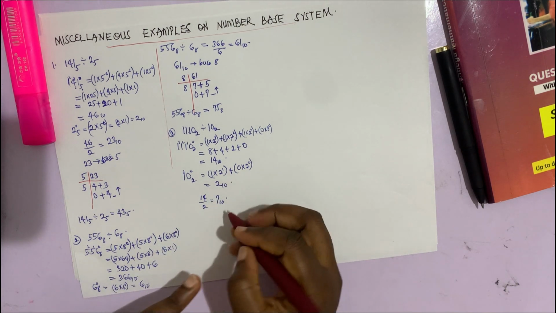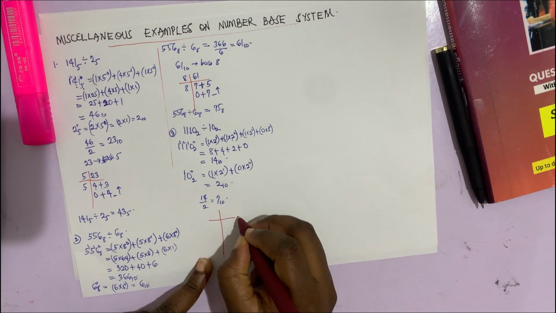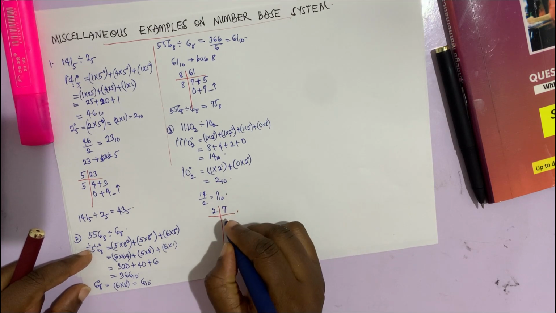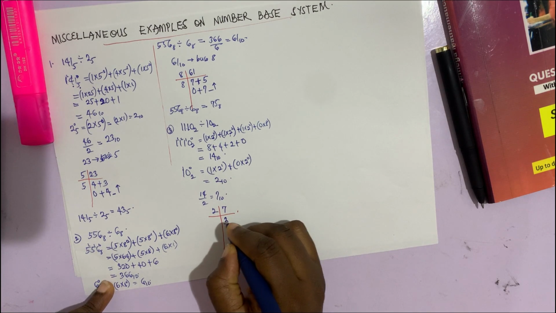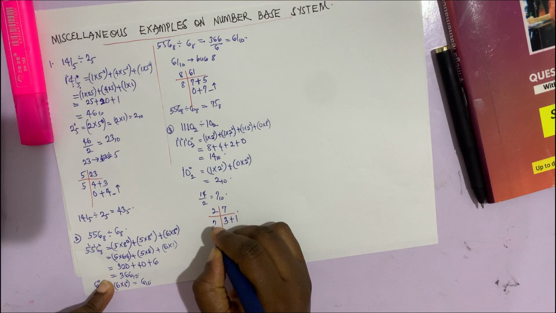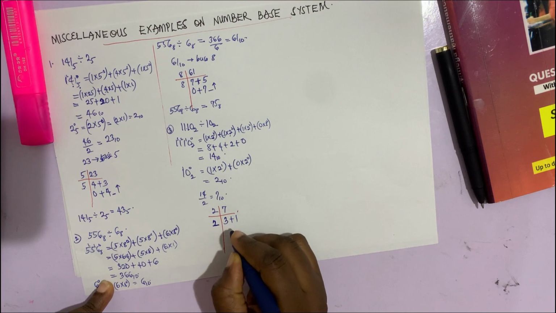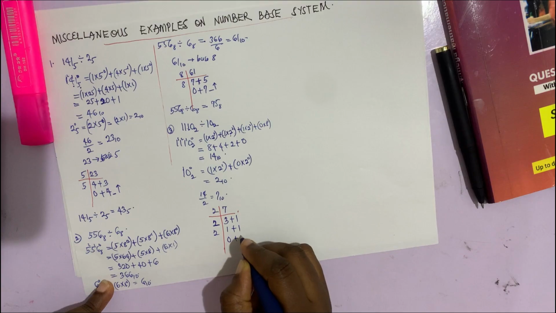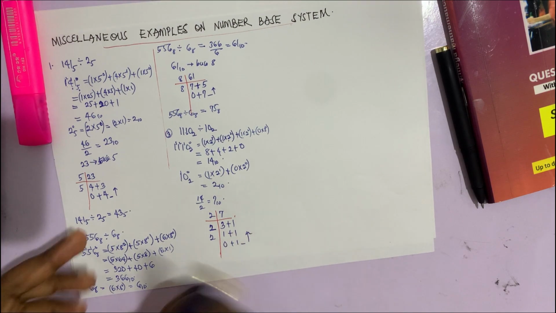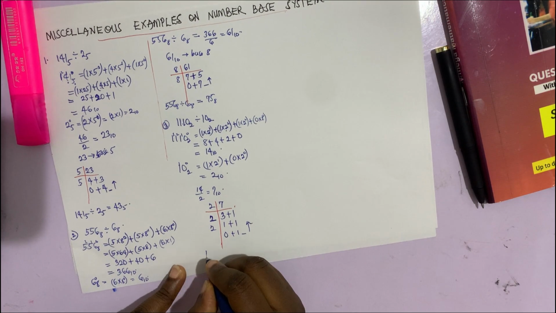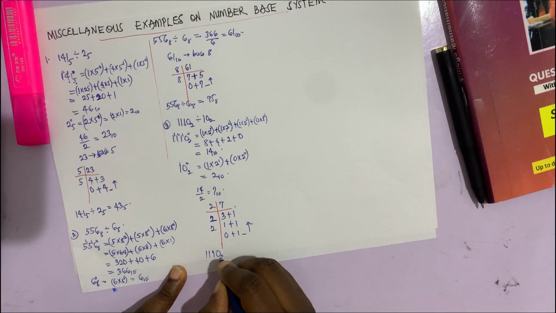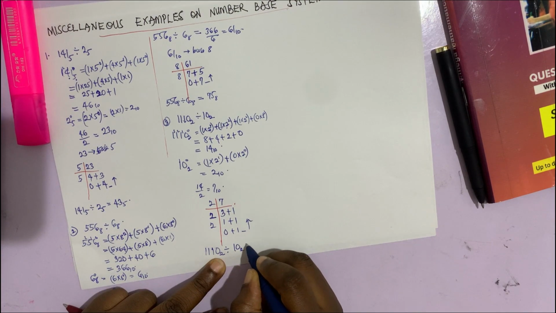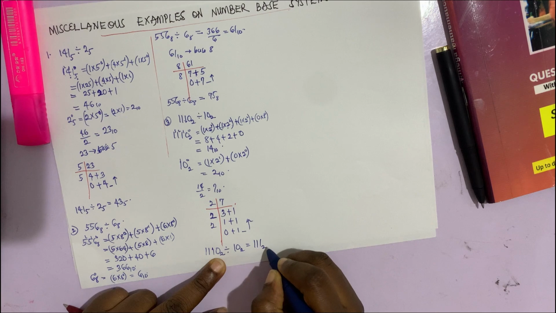Converting 7 back to base 2: 7 divided by 2 is 3, remainder 1. 3 divided by 2 is 1, remainder 1. 1 divided by 2 is 0, remainder 1. The answer is that 1110 base 2 divided by 10 base 2 will give us 111 base 2.